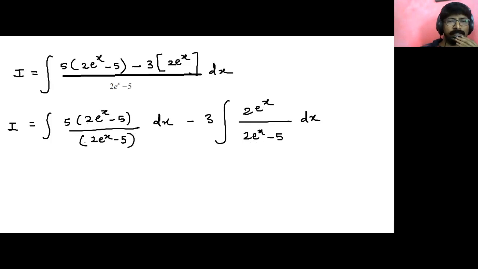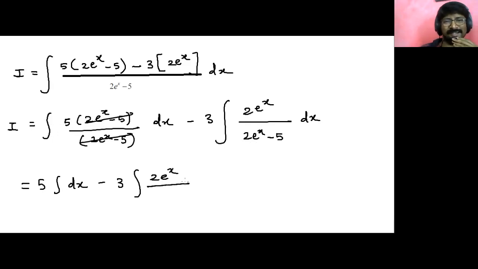And this will get cancelled, so 5 will go out, and we have integration of dx minus 3 integration of f'(x) upon f(x), you have to think, which is 2e^x upon 2e^x minus 5 dx, and it is super duper simple, isn't it?